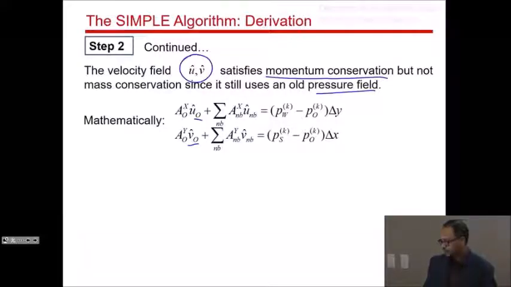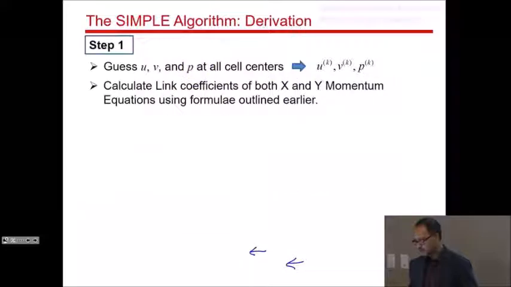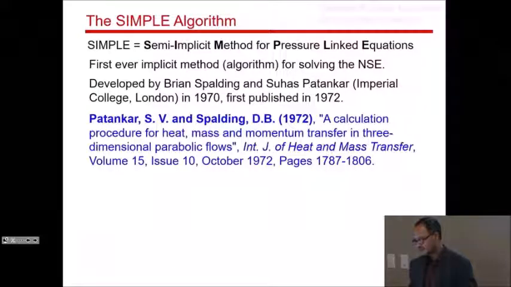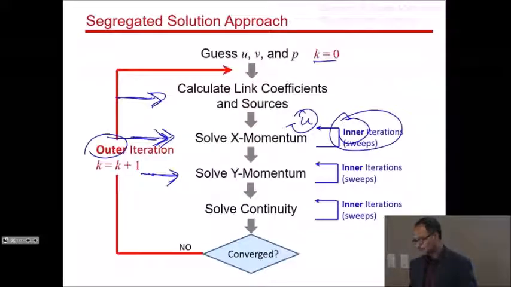I've written it in compact form using that neighbor symbol so that they're easy to write. Notice that this pressure field is still at iteration K, the old outer iteration value. If I go back to my algorithm here, if I'm solving this for the very first time, the pressure field that I'm using here to solve this is basically my guess pressure at K equal to 0.